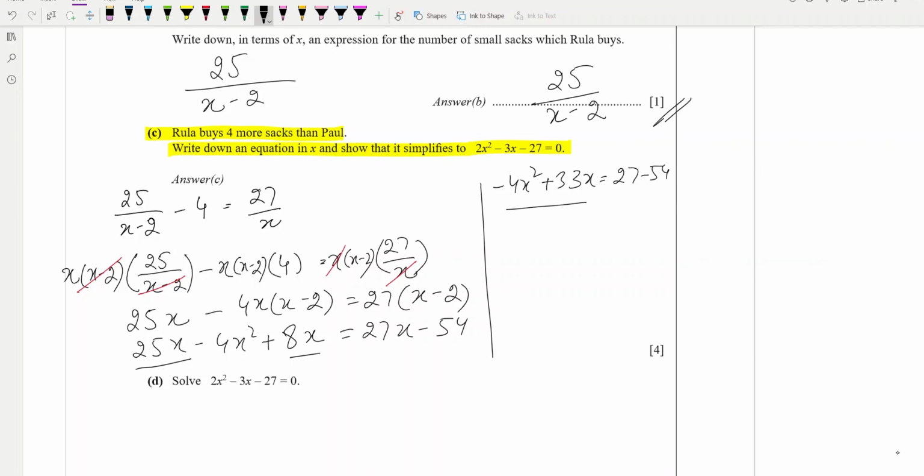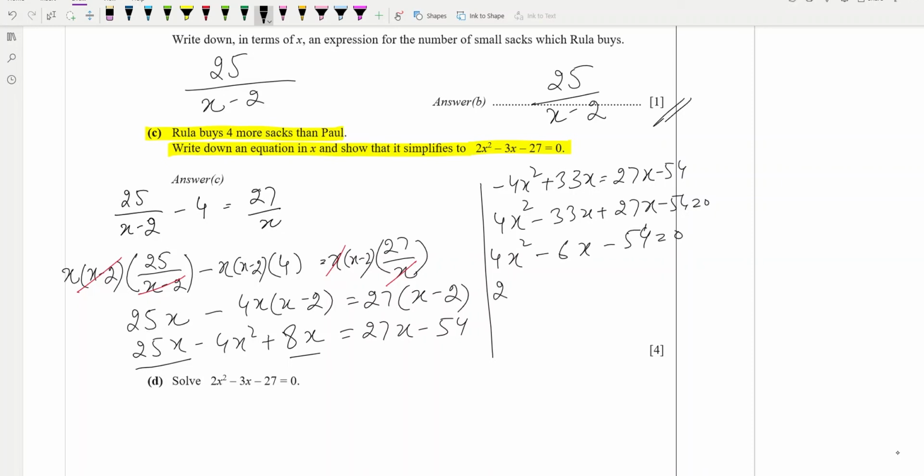So we can shift everything to the other side, so we'll get 4x squared minus 33x plus 27x minus 54 is equal to 0, and we can simplify again. This will be 33 minus 27 will be 6, so 6x minus 54 is equal to 0.